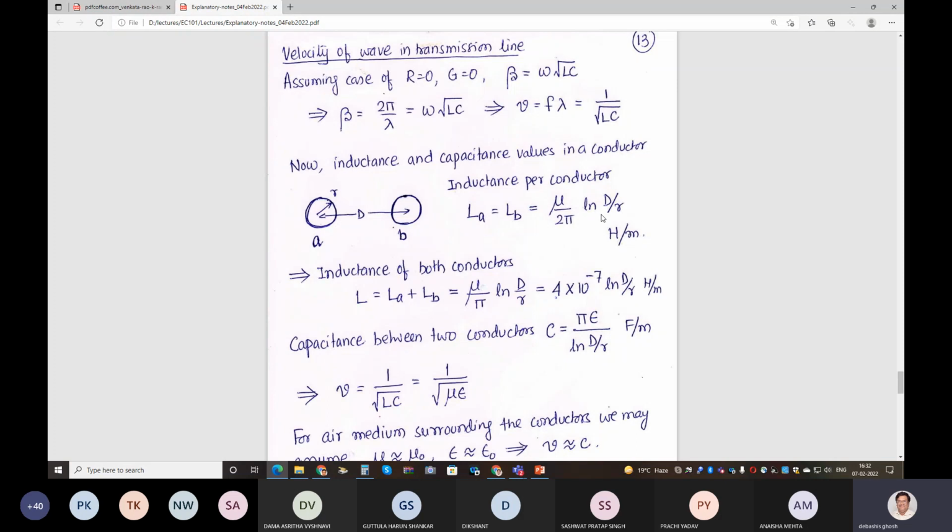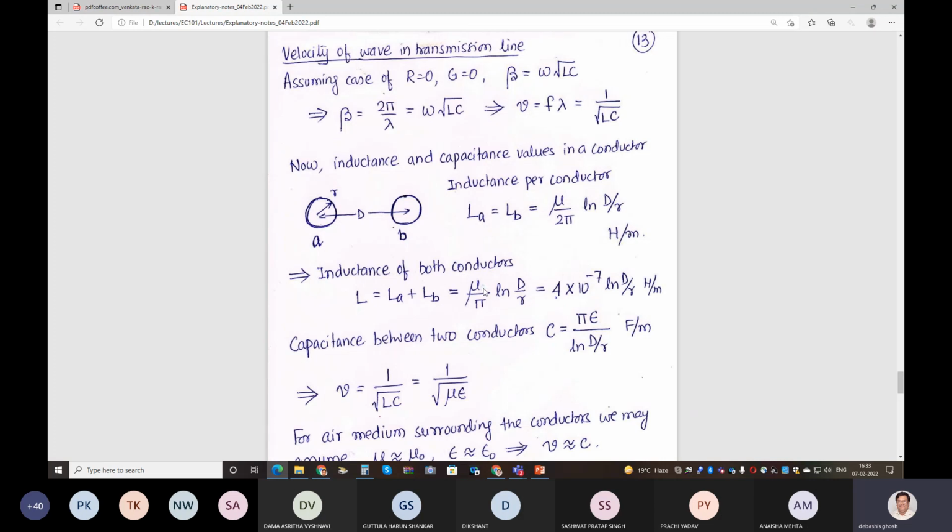So what is the total inductance then? This is the inductance per conductor. The total inductance offered by these two conductors will be the sum of these two, and it will come out to be mu by pi log D by r.